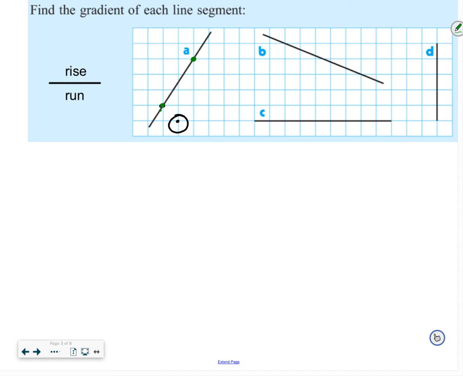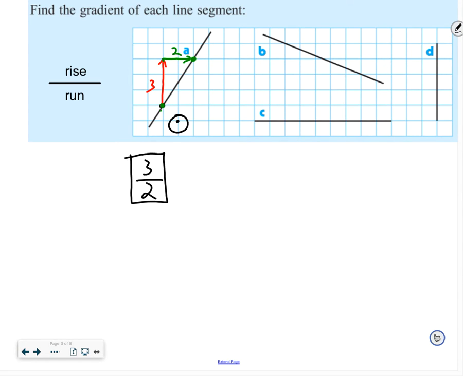So to find my change in y, my rise, I went up 3, and my run is over 2. So the gradient of this line is 3 over 2.